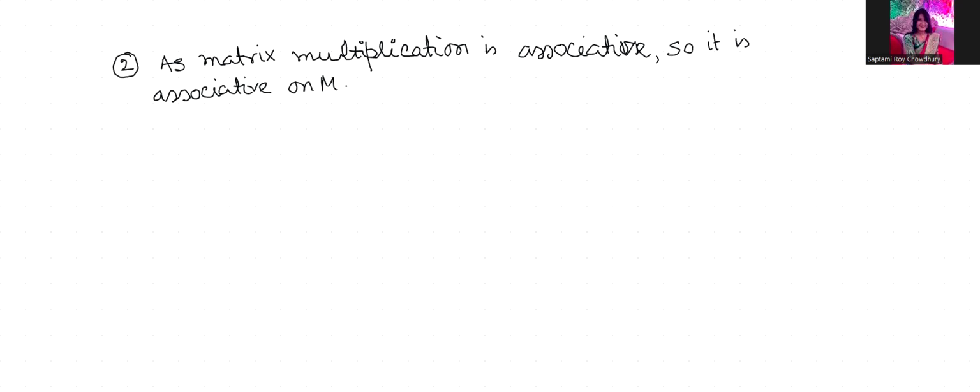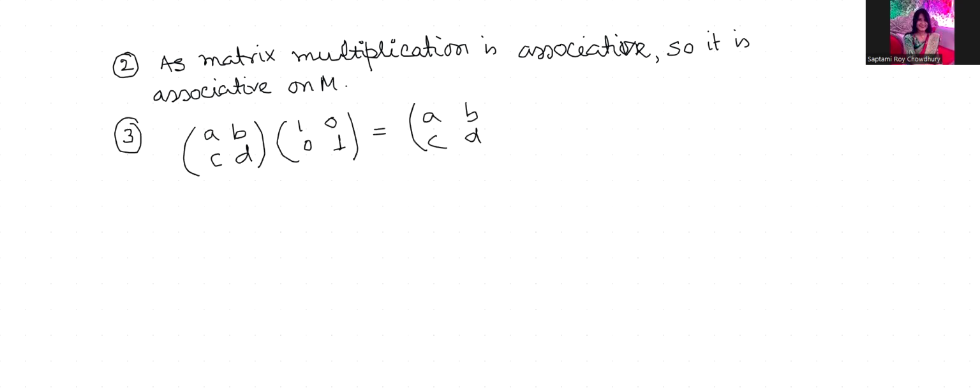Third one: we know that the identity element is 1001, that is I2. If you multiply this, you will get the same matrix, and its determinant, the determinant of I2, is also 1, that means not equal to 0.